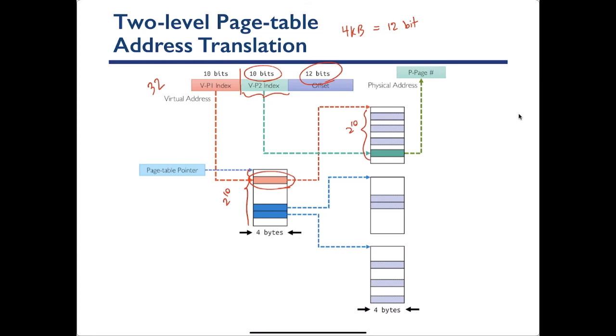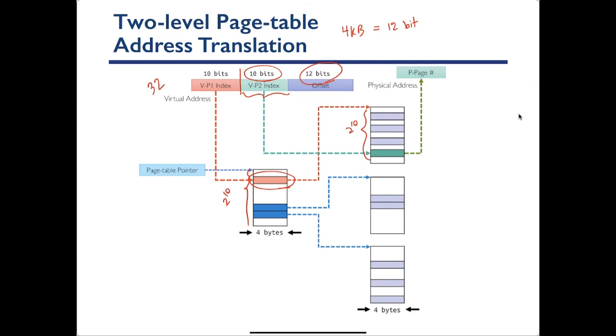So I did 2 accesses instead of 1. With the flat page table, I would just use the virtual page number as an index, go to my page table, and find my physical page number. Now I have 1 level of indirection. I first used the first 10 bits, which gave me the address of another page table.